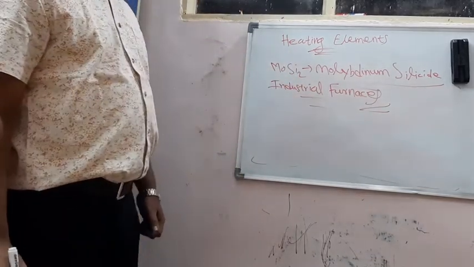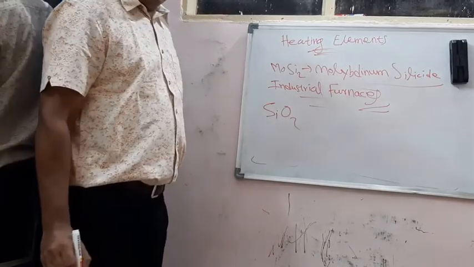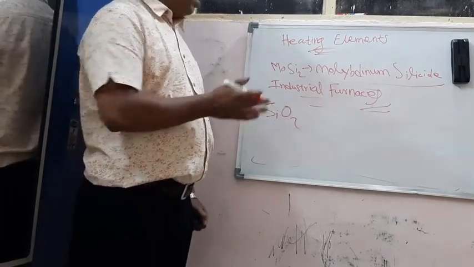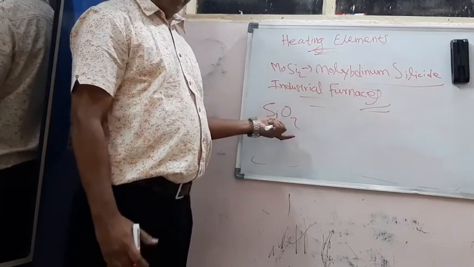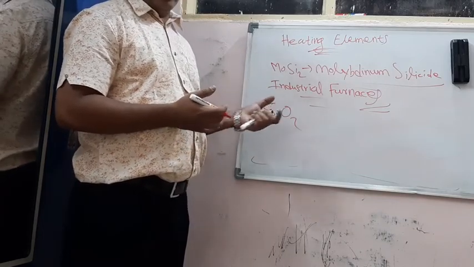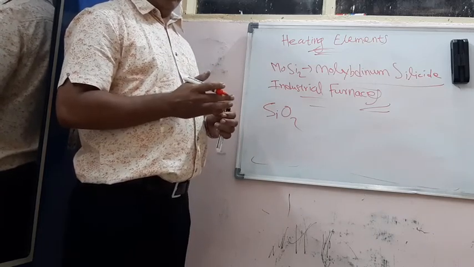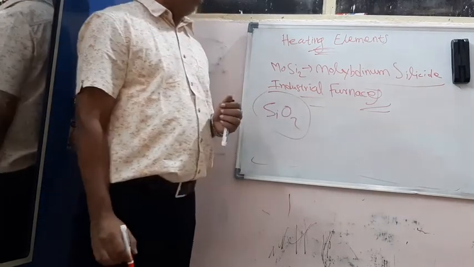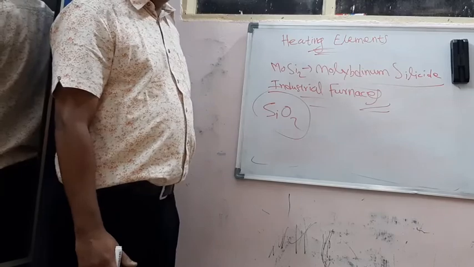In this case also, a protective layer of SiO2 is formed at higher temperature. Silicon dioxide is formed on the surface of the molybdenum silicide heating element, so further degradation and corrosion of the core material is prevented. In such a way, durability of molybdenum silicide is very high. Mostly it is used in industrial furnaces.